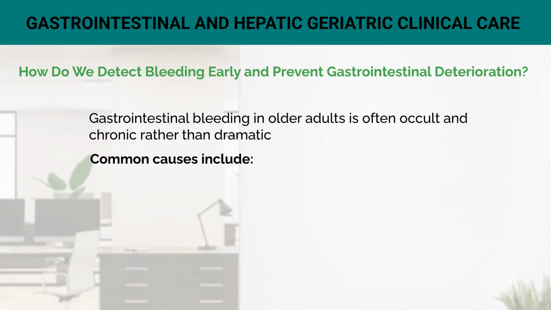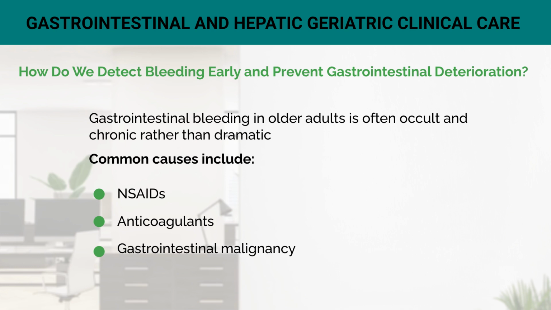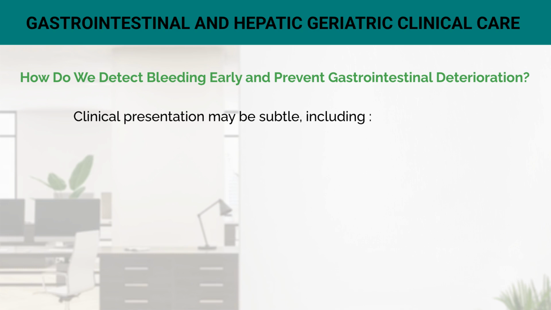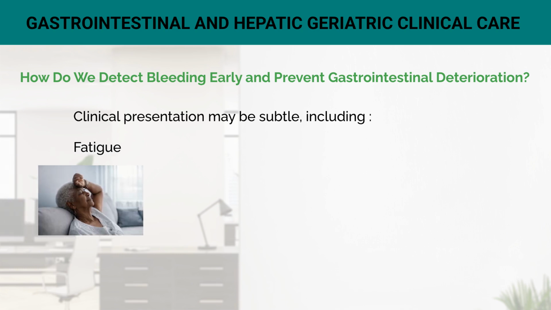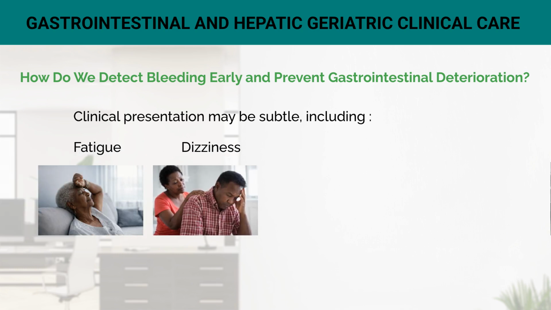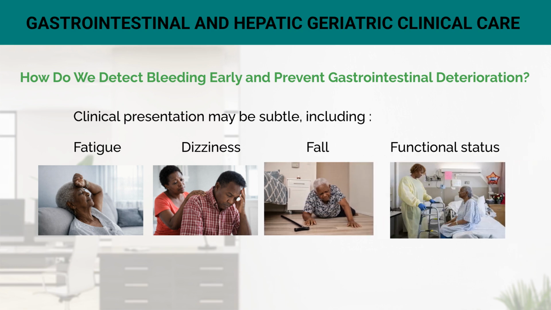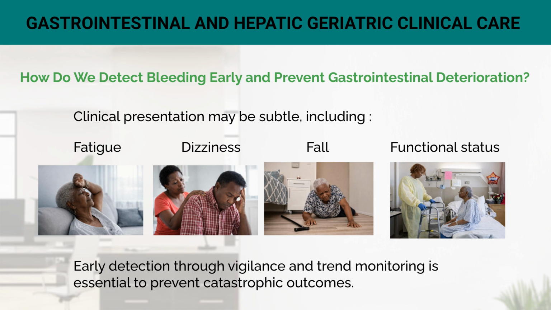Common causes include NSAIDs, anticoagulants, and gastrointestinal malignancy. Clinical presentation may be subtle, including fatigue, dizziness, falls, or worsening functional status. Early detection through vigilance and trend monitoring is essential to prevent catastrophic outcomes.